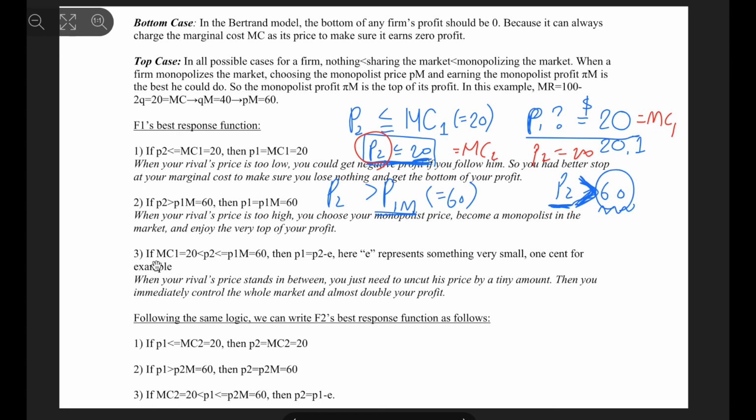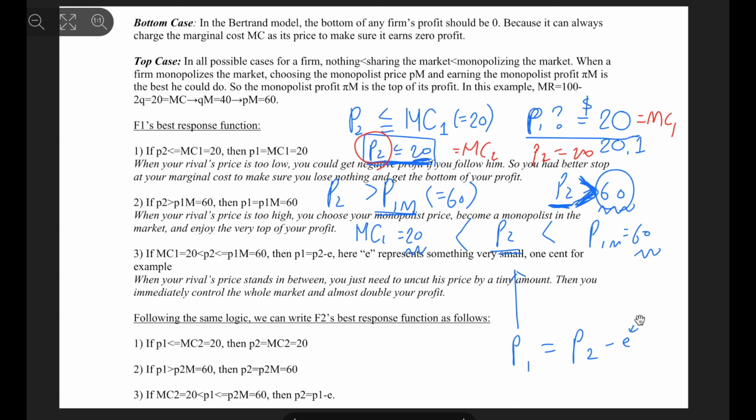And number 3, if MC1 is 20 and we have P2 in between this. So if P2 is between 20 and 60, right, we can have the low end, high end. What about in the middle? What happens if P2 is on neither extreme side? Then the rational choice is that P1 should be a little less than P2, right?